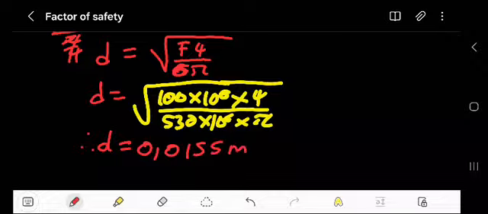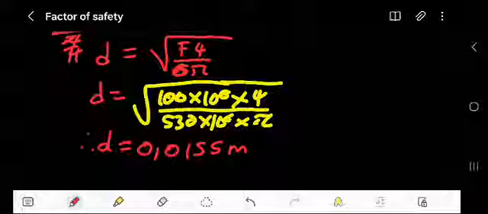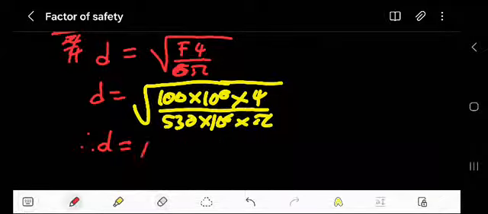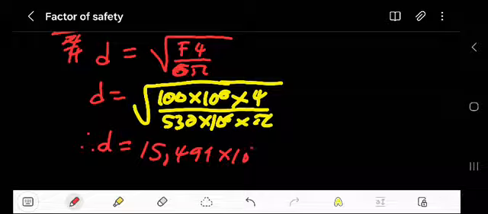This is what I have. If you did the scientific form, it's up to you. Maybe someone says the scientific form will be 499 times 10 to the power of minus 3, whereby it's in meter.